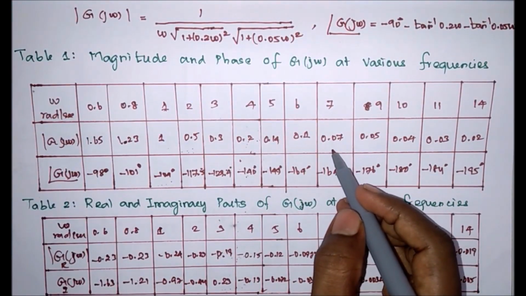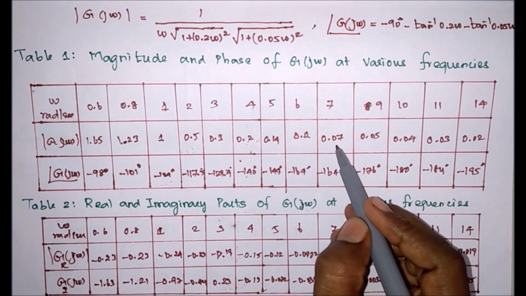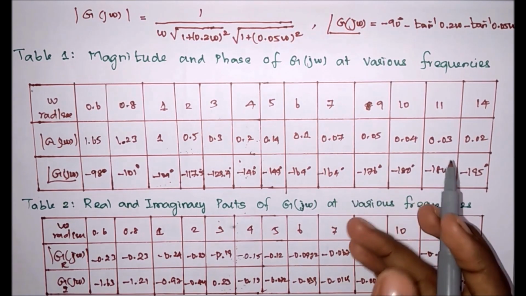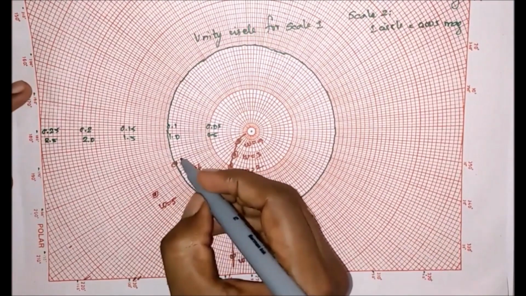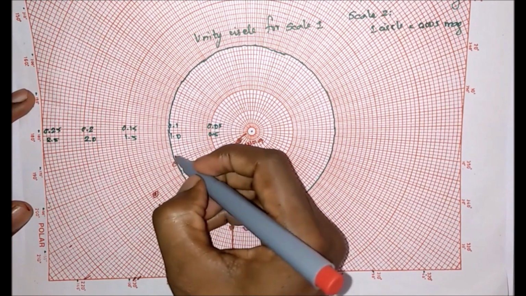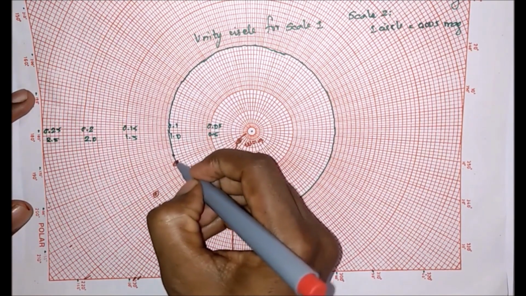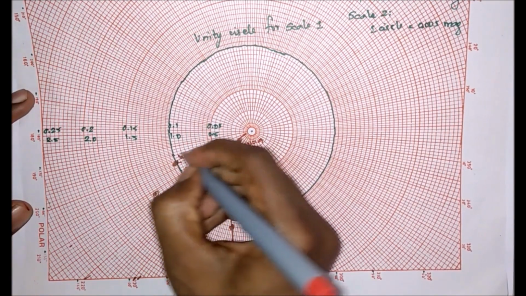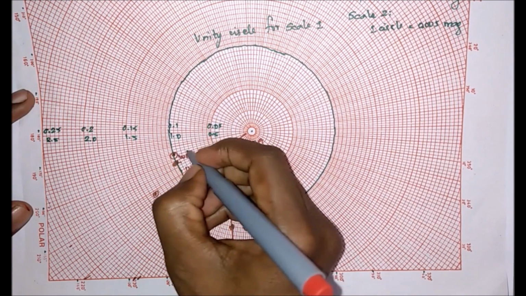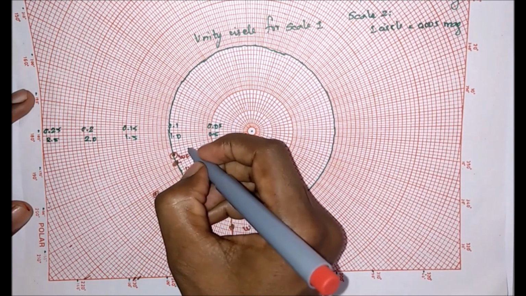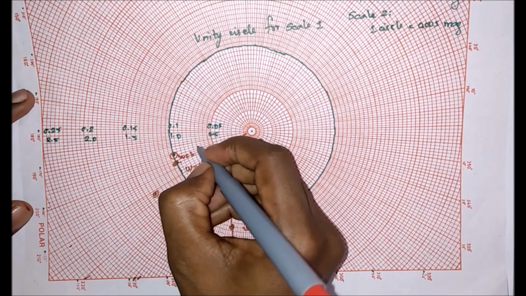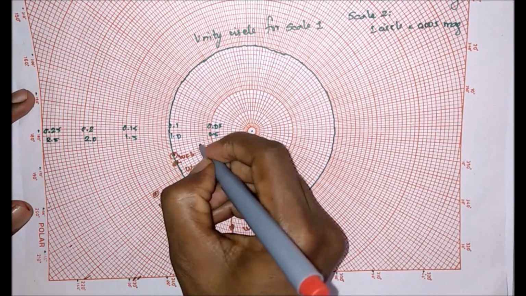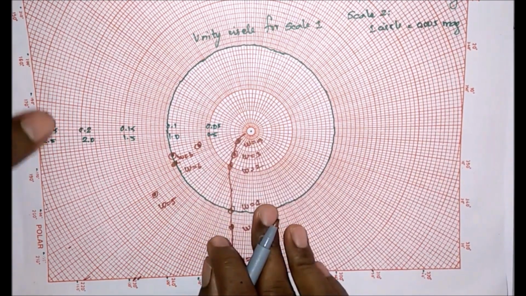Next we are going to draw omega equal to 7. For omega equal to 7, the magnitude is 0.07 and the angle is -157.